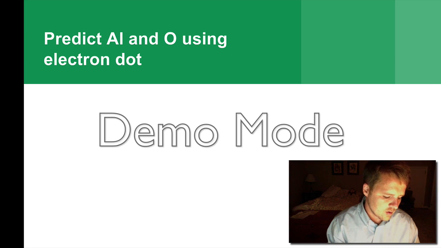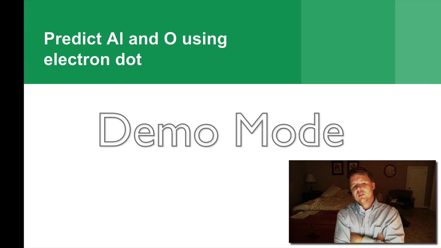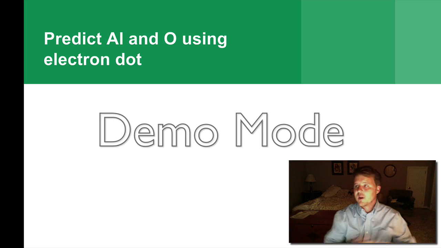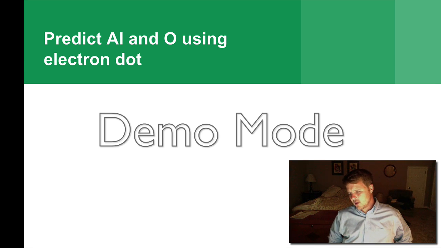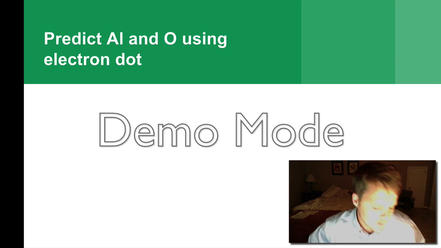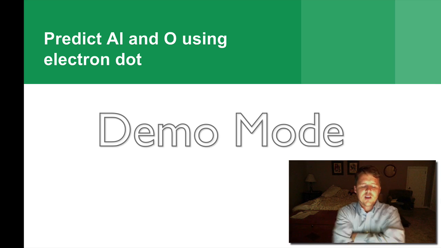So let's predict the formula of AlO3. Oh, I just gave you part of the answer. Aluminum is 3 plus and oxygen is 2 minus. Well, okay. Now, oxygen wants to gain 2 electrons. Aluminum wants to lose 3 electrons. So how are we going to do that? Well, let's think. The answer is Al2O3.